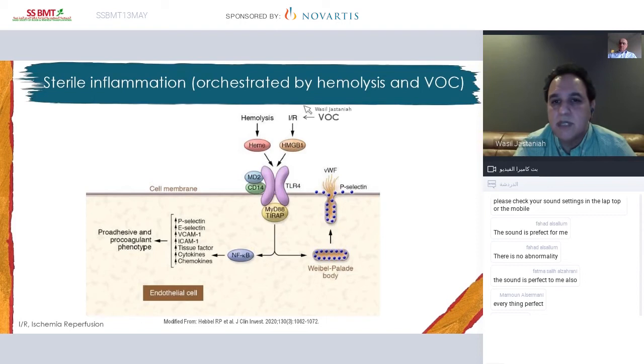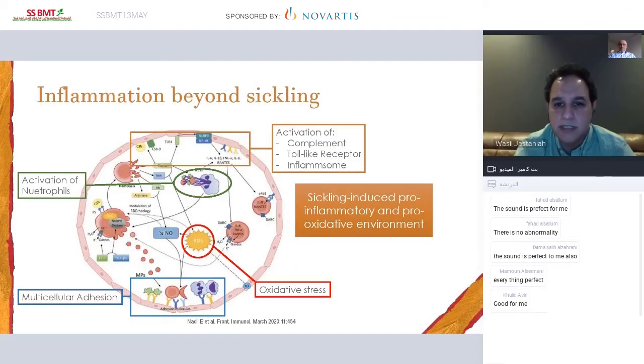So vaso-occlusion causes this ischemia reperfusion injury, which increases the release of cytokines, and hemolysis through the toxic effects of heme stimulate the inflammatory pathway through the toll-like receptor 4 pathway, which increases both multiple adhesive molecules, including p-selectin, e-selectin, different cellular adhesion molecules, in addition to cytokines and coagulation factors. So leading to a pro-adhesive and pro-coagulant phenotype in sickle cell disease.